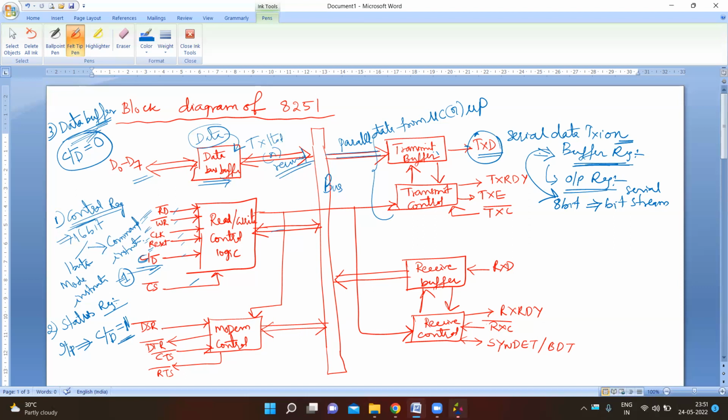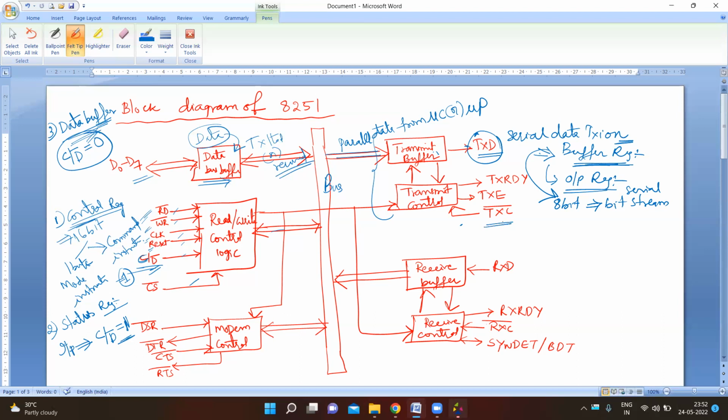The transmission section has 3 output signals and 1 input signal. They are TXC, the transmitter clock.